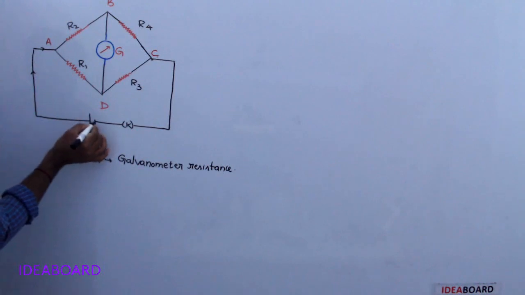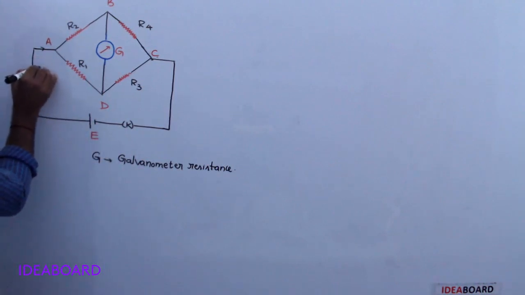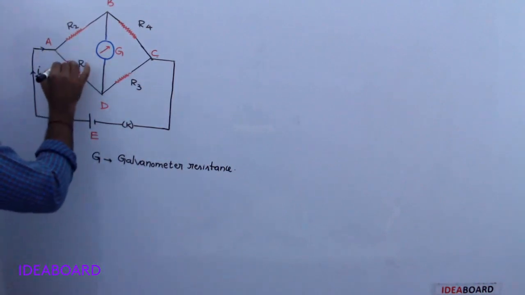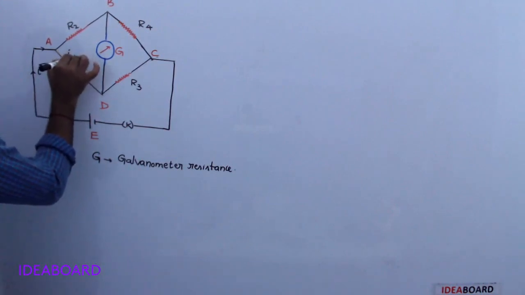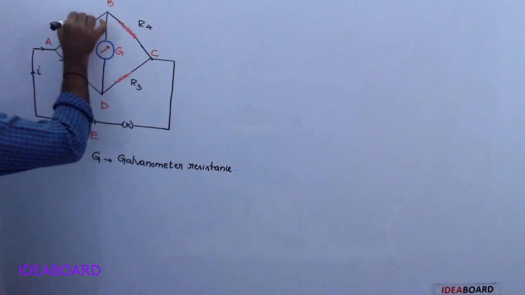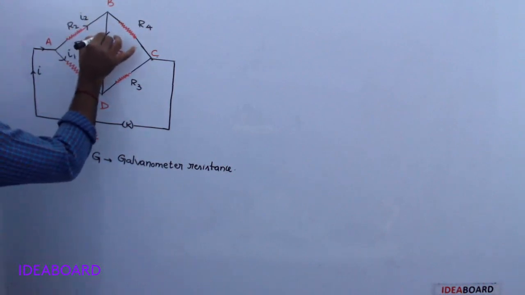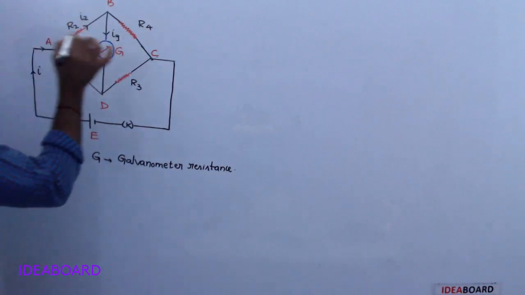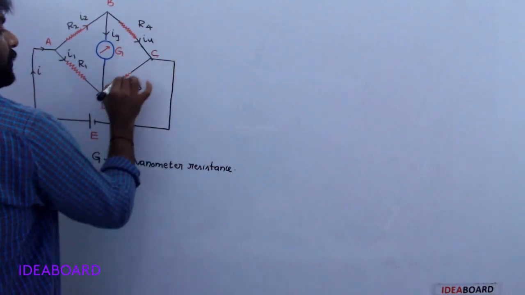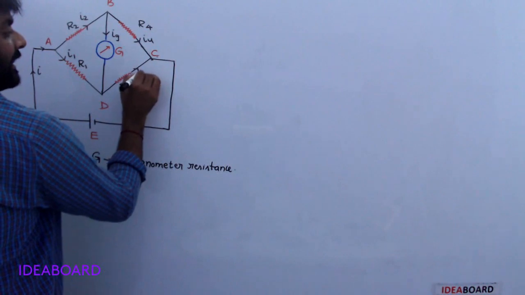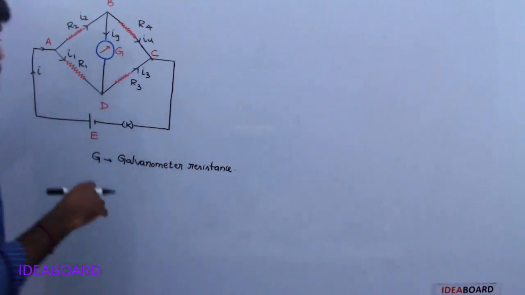Now, the battery sends the current I. This current is split: through R1 is I1, through R2 is I2, through the galvanometer is Ig, through resistor R4 is I4, through R3 is I3.